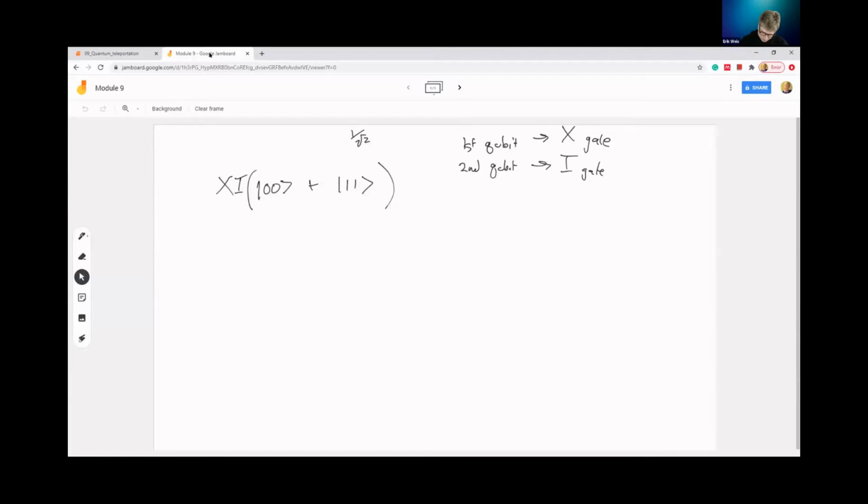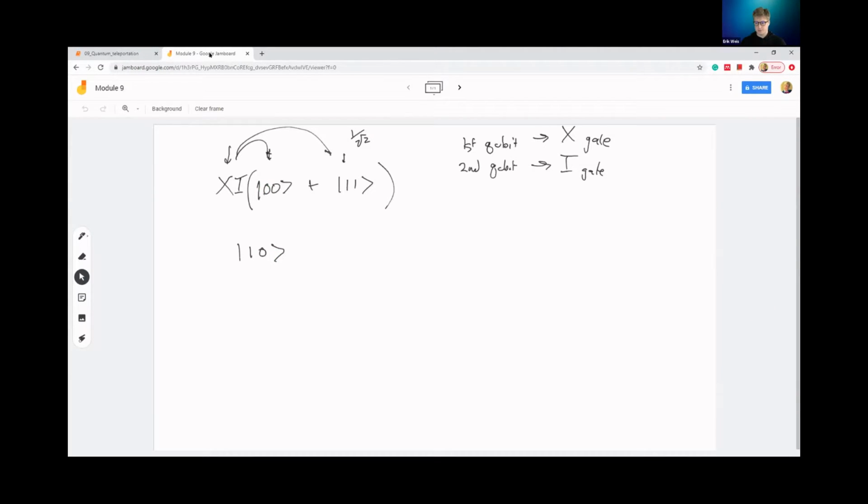Okay, so what we can do is apply this gate using the properties of linearity to each of the superposition branches separately. So X tensor I on the first branch gives 1, 0, because we flipped the first bit.